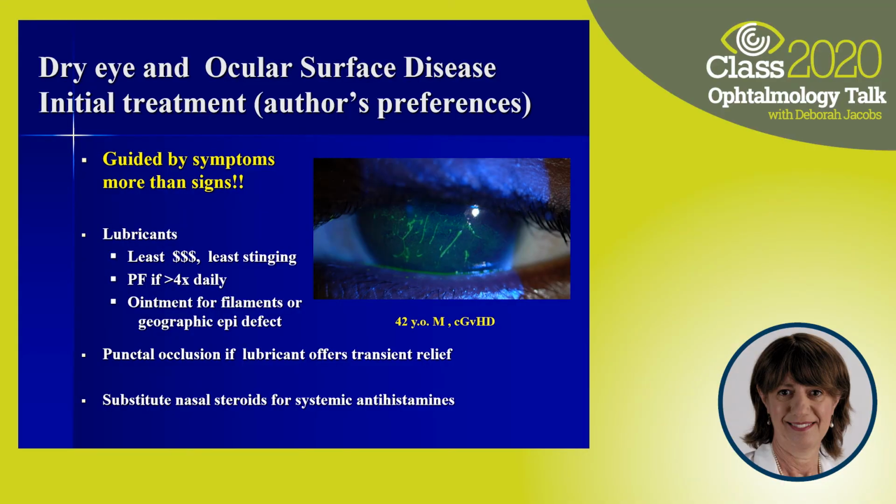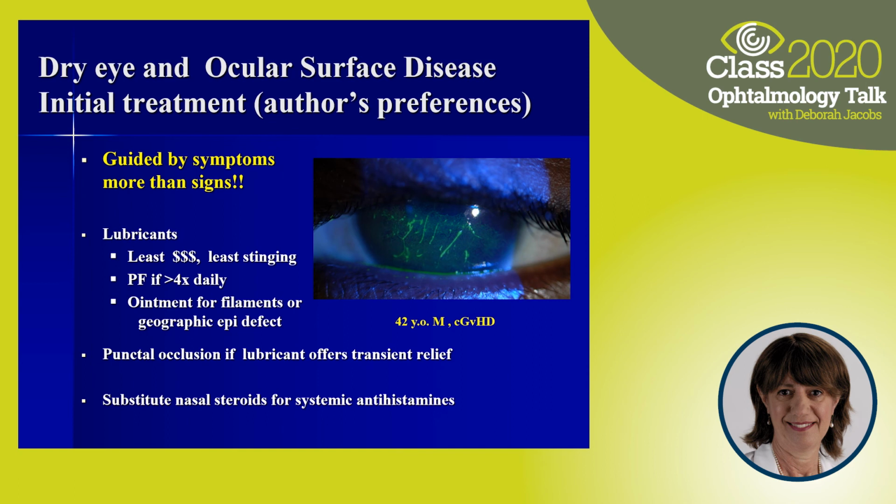Here are more details of my actual preferences in the treatment of dry eye syndrome and ocular surface disease. As always, I'm guided by symptoms more than signs. As far as lubricants, I advise that the patients try many and ultimately suggest that they choose the one that costs the least or stings the least.